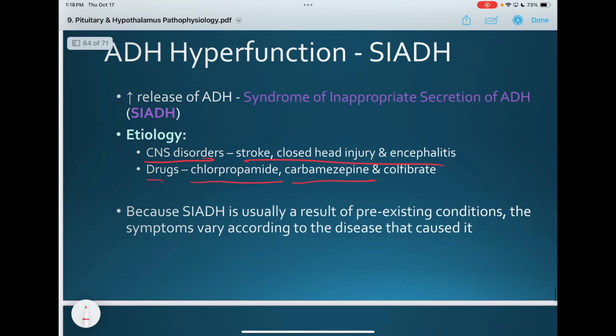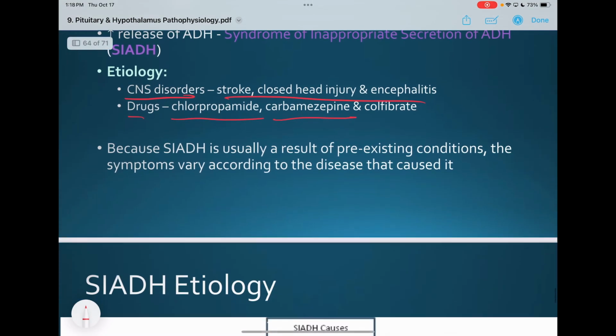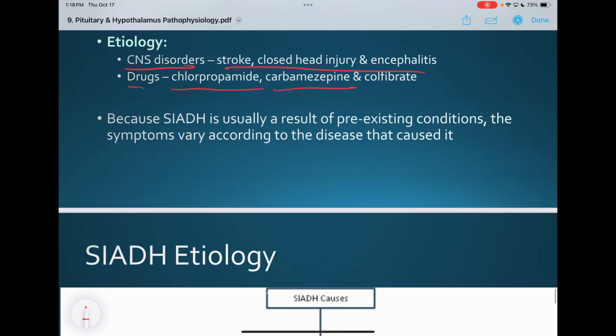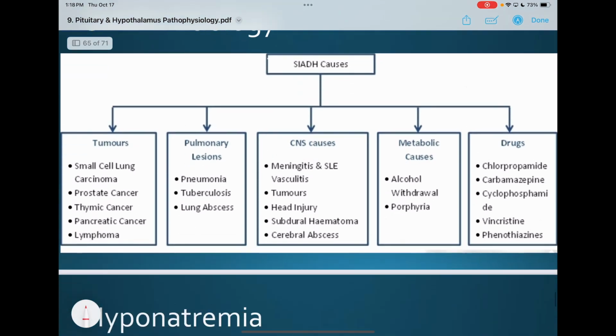Because SIADH is usually a result of a pre-existing condition, the symptoms vary according to the disease that caused it. Okay, so they have SIADH, but what was the underlying thing that caused this to occur? They're going to have those symptoms as well. So look at these causes. One, tumors. Okay, different types of tumors can cause SIADH.